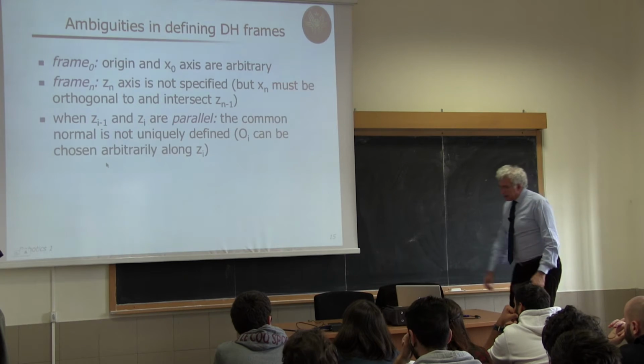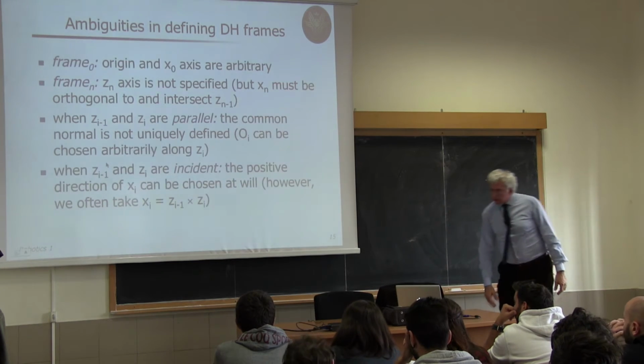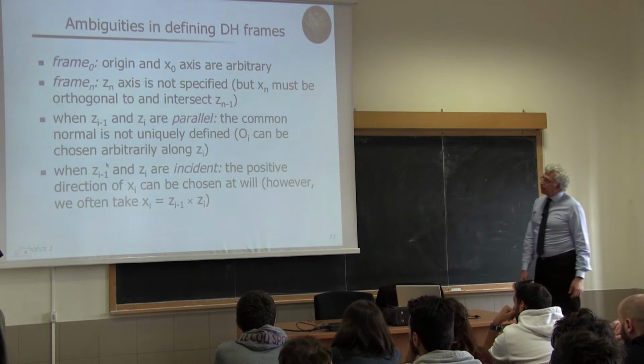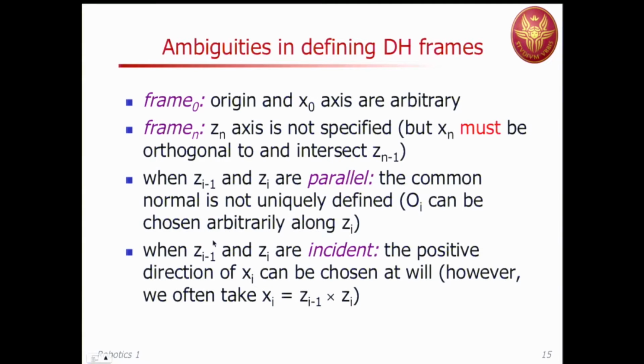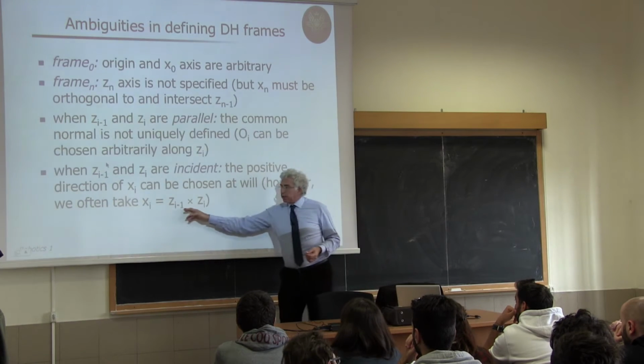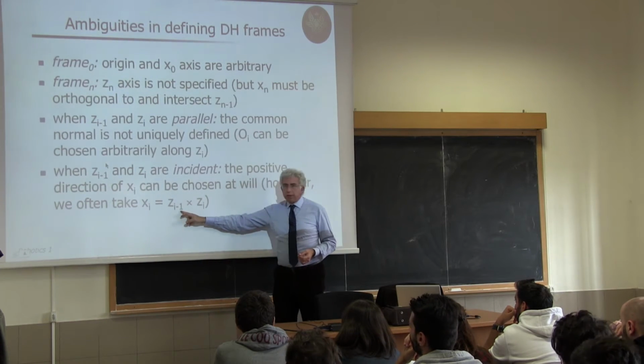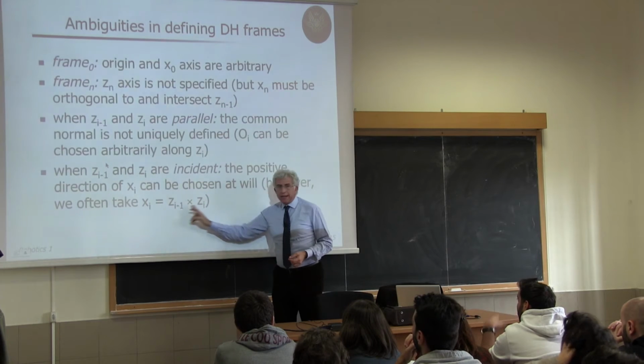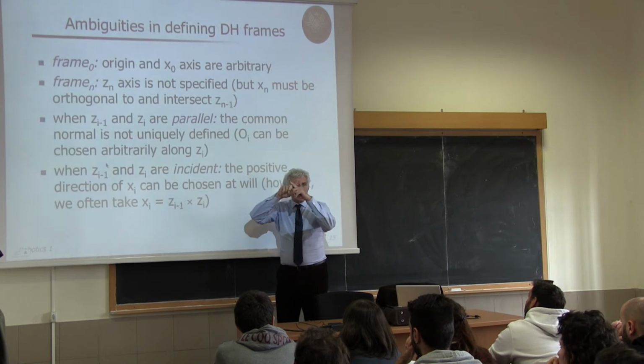Okay? And similarly, when the 2 axes are incident, we know that there is one common normal, but we have to choose in which direction to take it. For instance, you can take it in the direction of the vector product. So you have zi minus 1 and zi on joint I and joint I plus 1. These intersect.